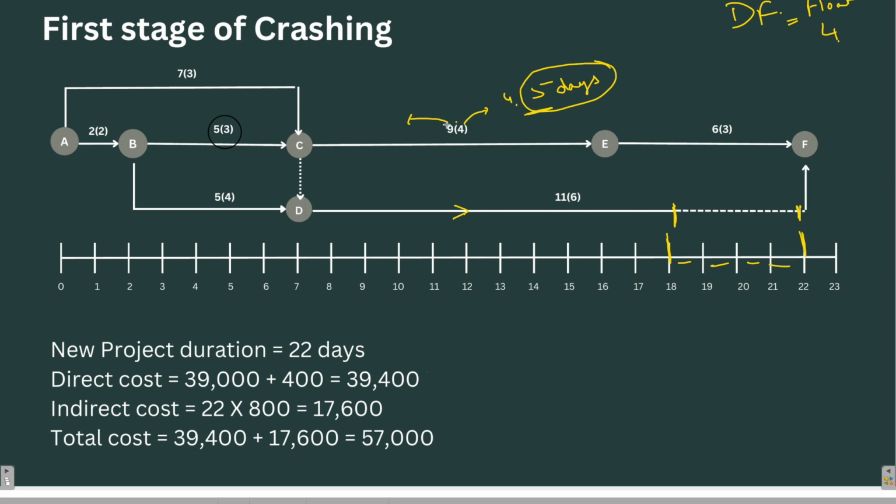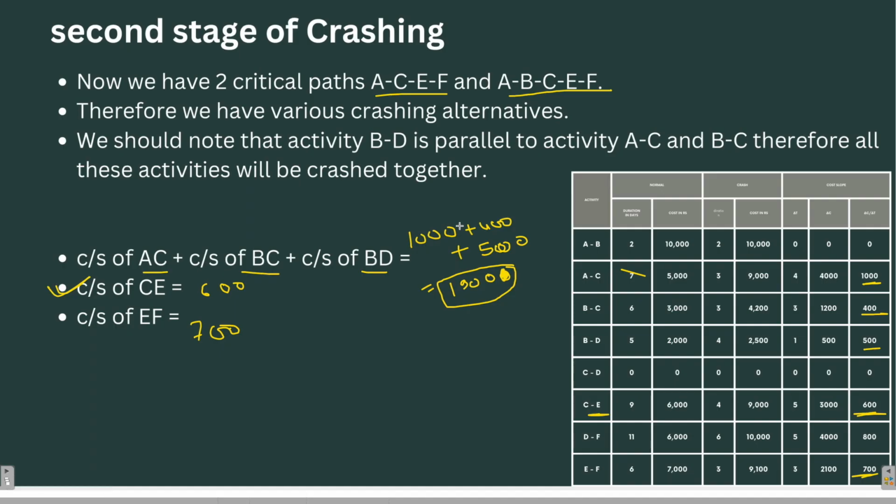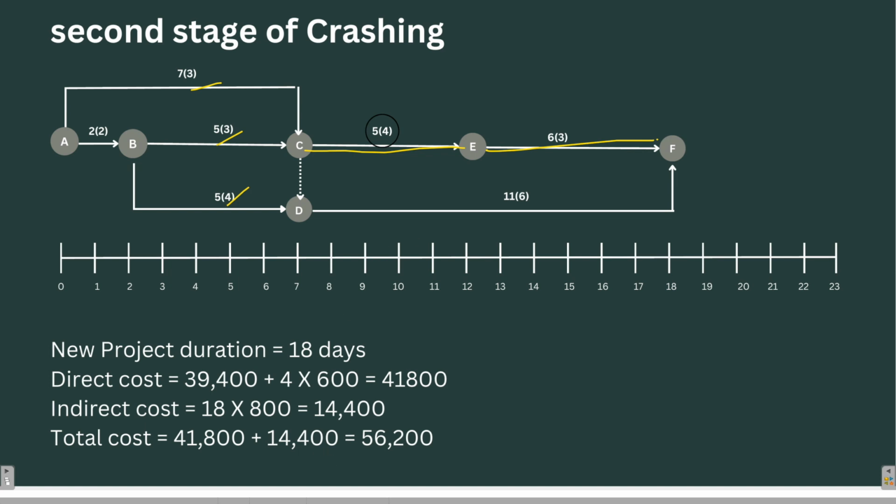This 9 will become 9 minus 4, that is 5. 5 means 5 normal days. And this E, which is lying at 16, will shift up to 12. Let's do that. So look here.